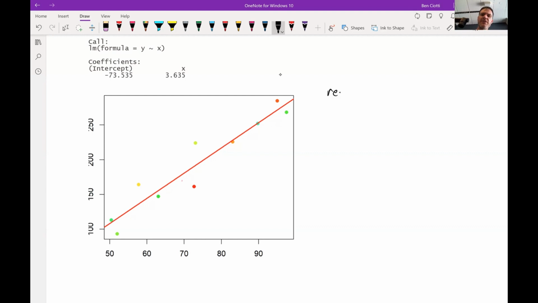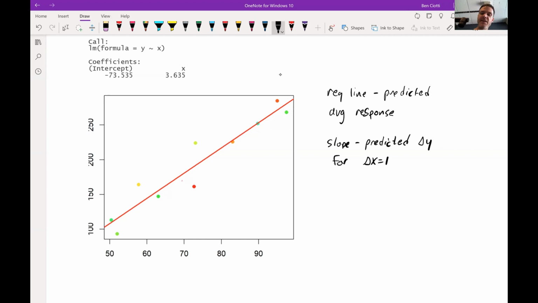The regression line gives the predicted average response, the predicted average y value for a given x value. The slope gives you the predicted change for a 1 unit change in x, and the intercept gives the prediction for when x is 0, if it's even in the scope of the model.